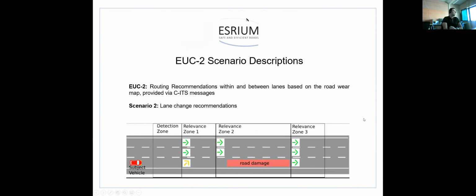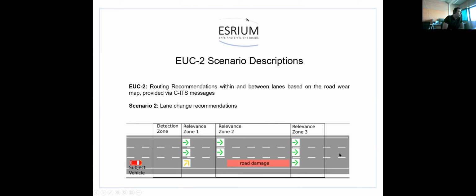In the next scenario, we have lane change recommendations, and this was already demonstrated very nicely by the illustration from ASFINAG, where there may be a road blockage, road damage, a construction zone, or an object lying on the lane, which can be used as a basis to direct the connected vehicle traffic to a specific lane or number of lanes.